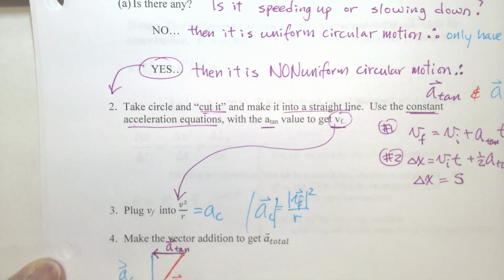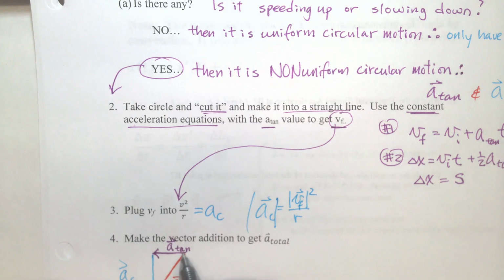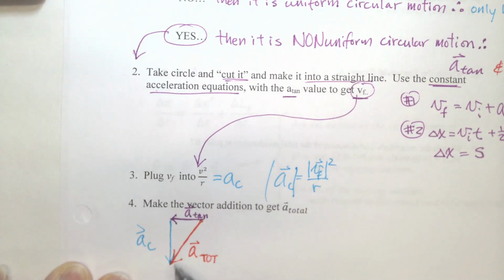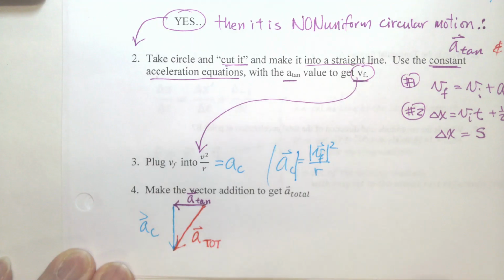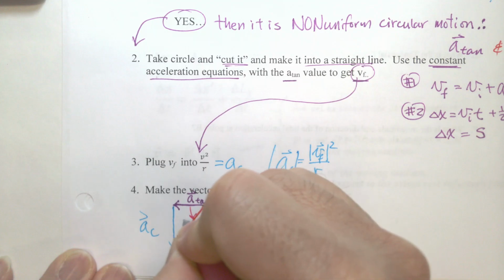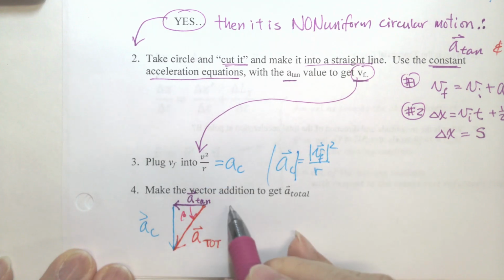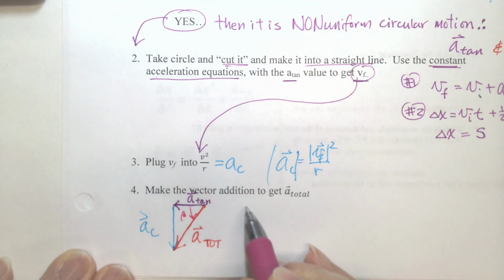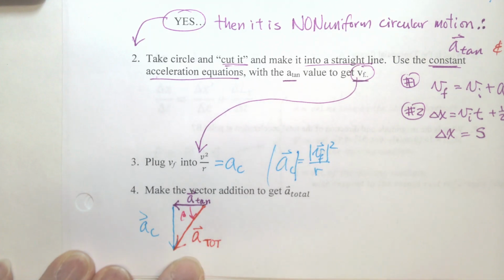Well, this looks like my a total is in the third quadrant, so it might not be a bad idea to look for my reference angle beta to calculate my theta for the direction of my total acceleration.